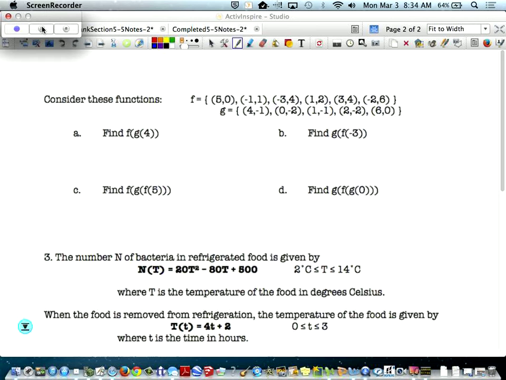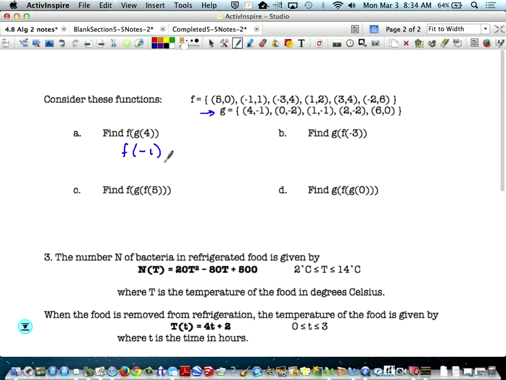Put 4 into g, right? So here's function g. 4 as an input means that it's really your x value. So when you look at 4 right there, what's the output? Negative 1. Okay, so negative 1 is my output. So then f.